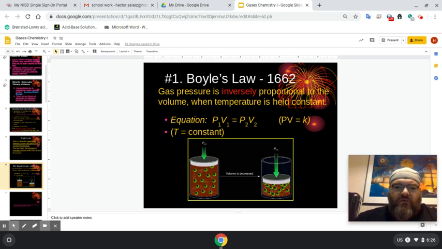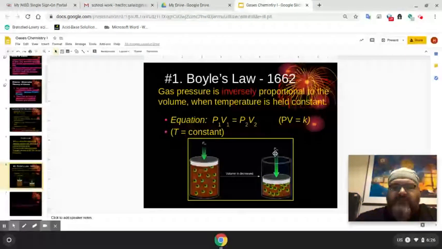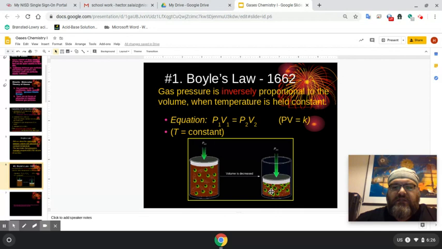But once you push down this plate and you cram all the molecules together, that means that volume is going down, which means that the molecules smash up against the walls and each other more frequently, creating pressure. Okay, I think you all know. Okay, and that's going to be at 200 degrees temperature.